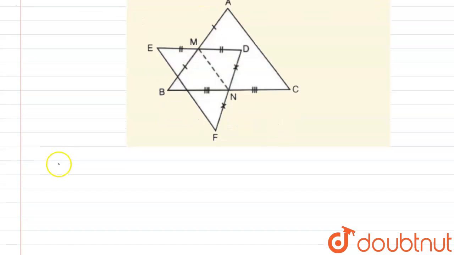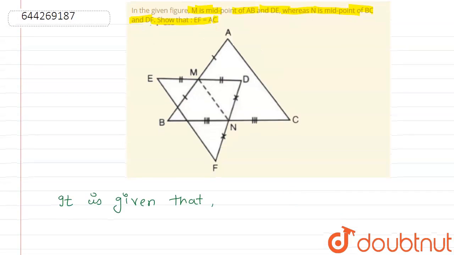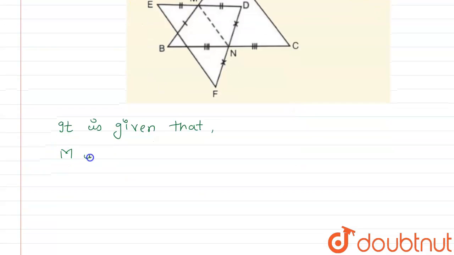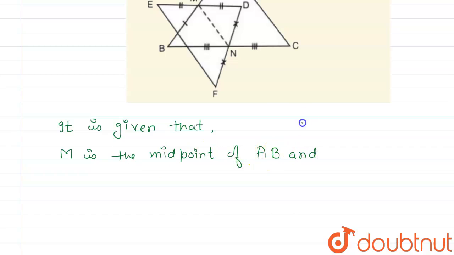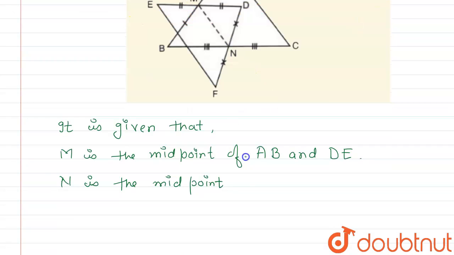Here it is given that M is the midpoint of AB and DE, and N is the midpoint of BC and DF.